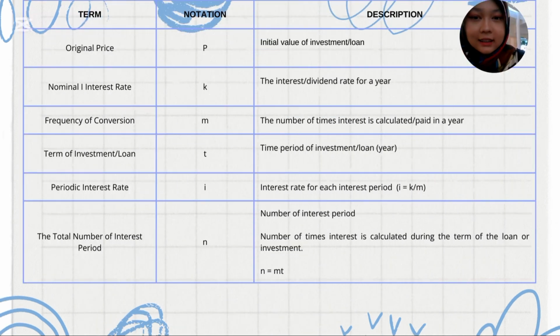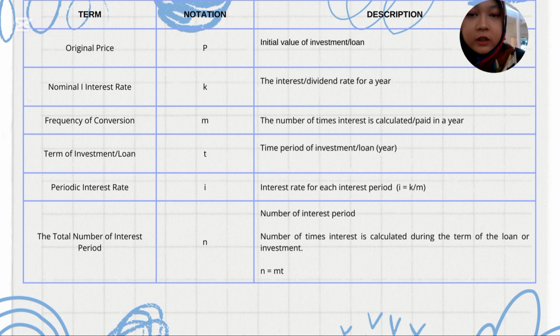There are six important terms in chapter 3. Original principal, known as P, the initial value of investment or loan. Nominal interest rate, K, the interest or dividend rate for a year.